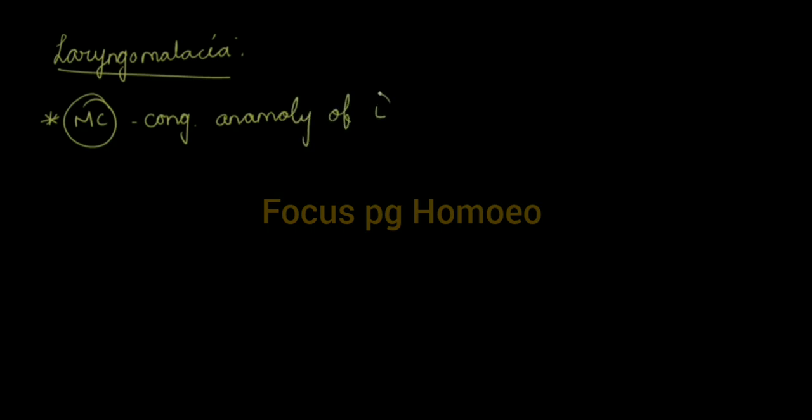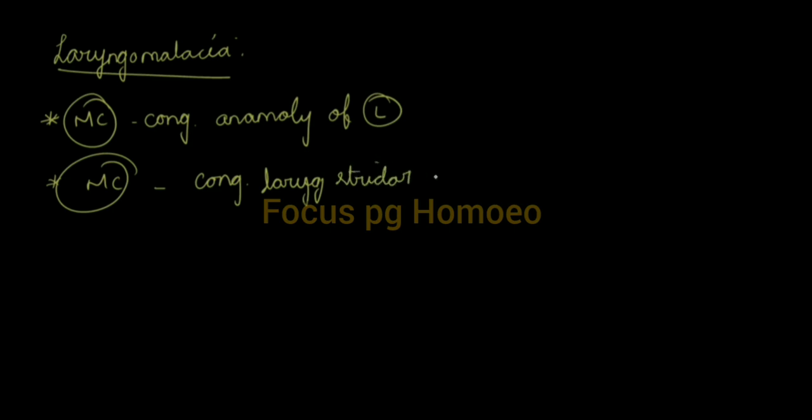So here the MCQ points are: first one, this is the most common congenital anomaly of larynx, and this is the most common cause of congenital laryngeal stridor in infants and children.